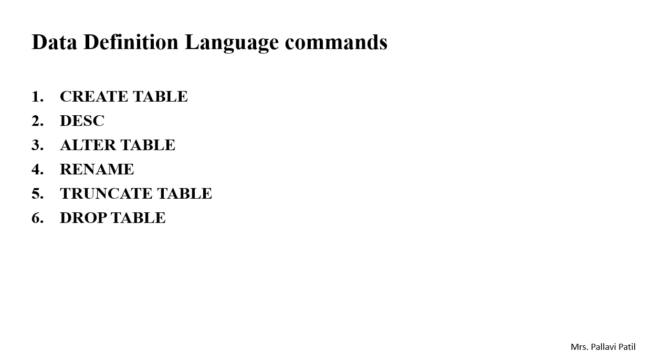After that, the alter table command. Using the alter table command, you are able to modify, or alter, the table structure which was created using the create table command. After that, the rename command. The rename command is used to rename the table which was created. Then truncate table.